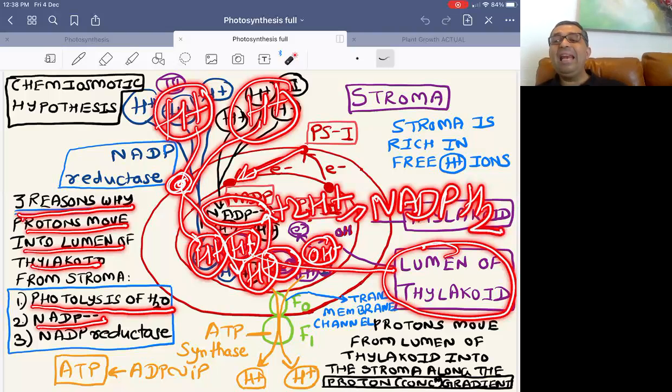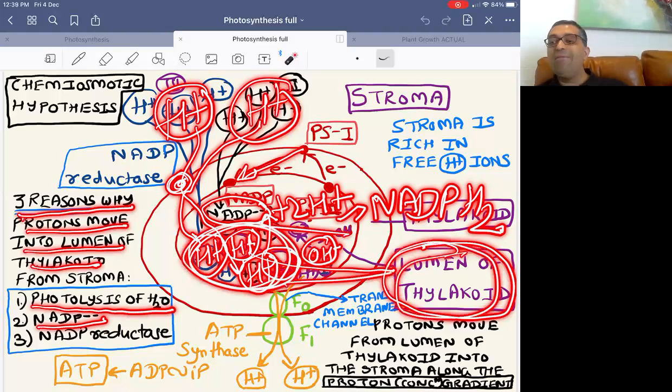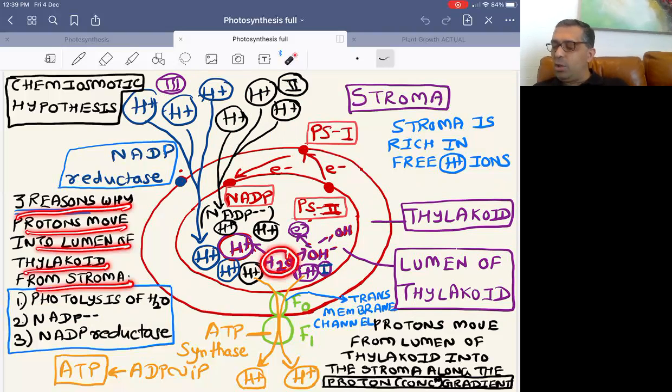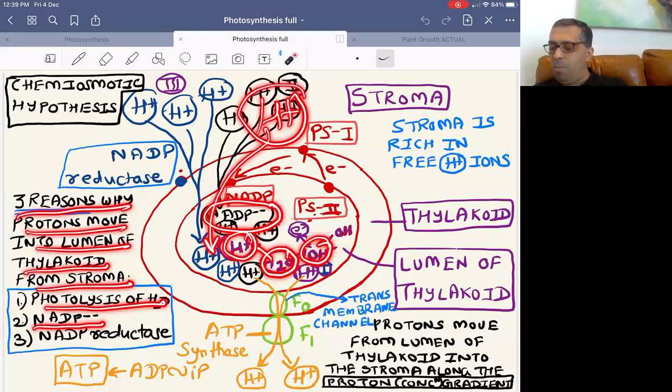So look at this proton concentration. Proton concentration in the lumen of the thylakoid will tremendously increase. Once again, what are the three reasons why protons move into the lumen of the thylakoid from the stroma? First, we had photolysis of water. Secondly, NADP minus minus has an electrostatic force of attraction for protons from the stroma.